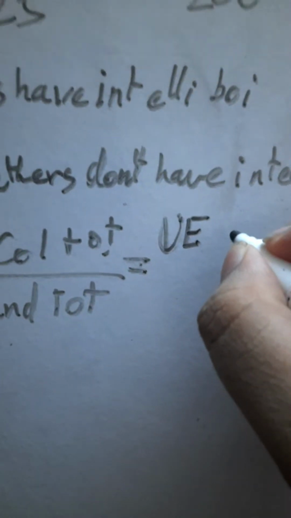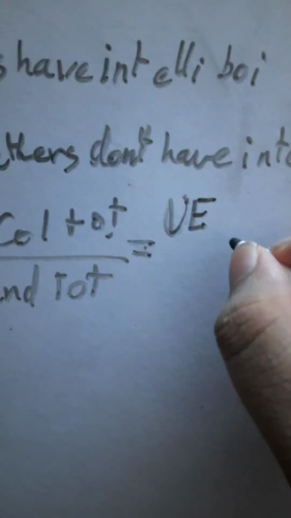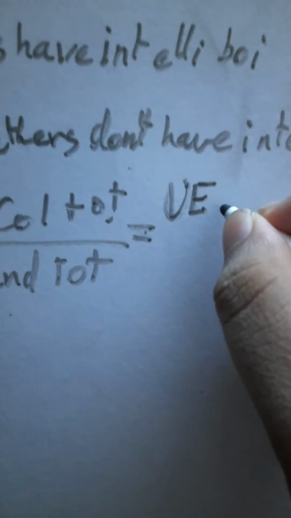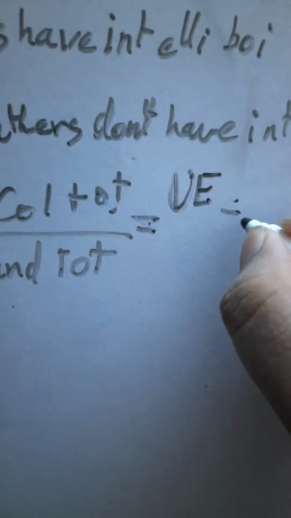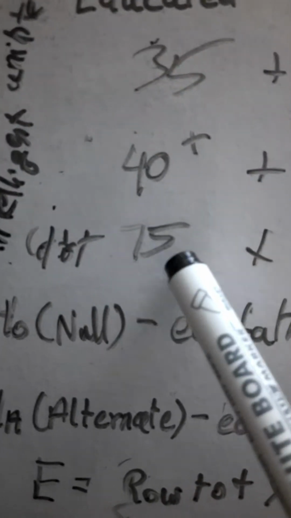Really appreciate that. So we were talking about unintelligent kids with educated fathers, and we are finding the expected frequency of that. We have to find its row total, which is 125, and column total, which is 75, of this cell.